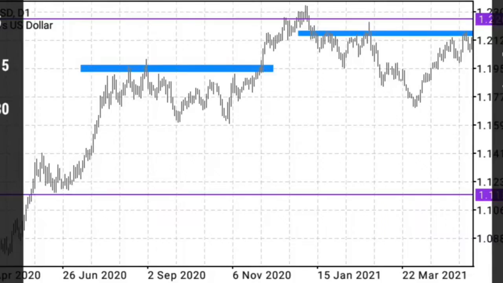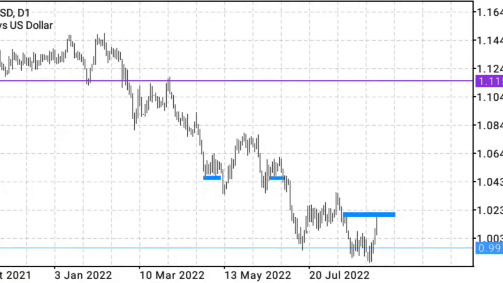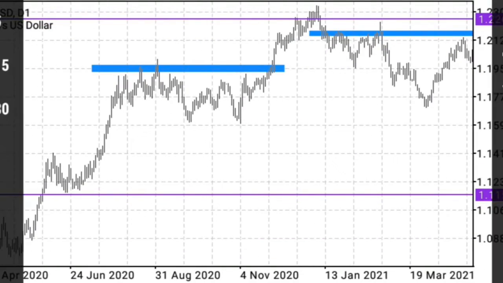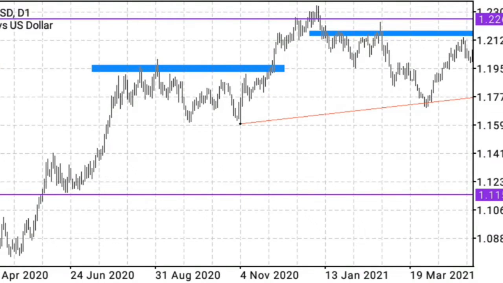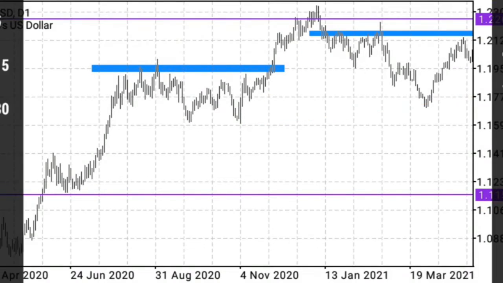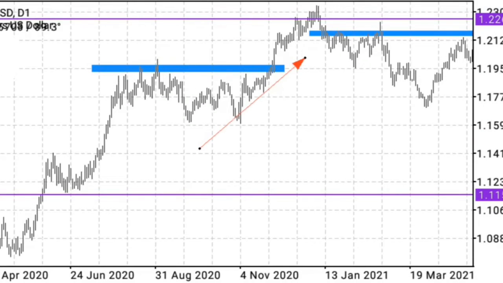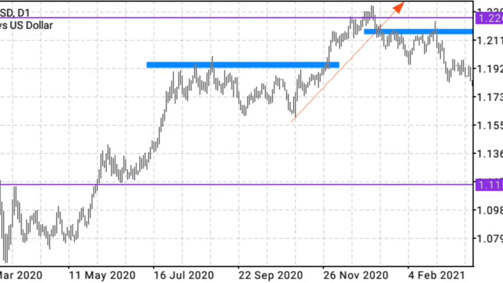They took it to the upside and stopped out the retail traders that were there. So they actually bought first before they sold.